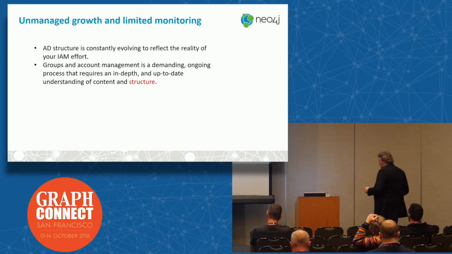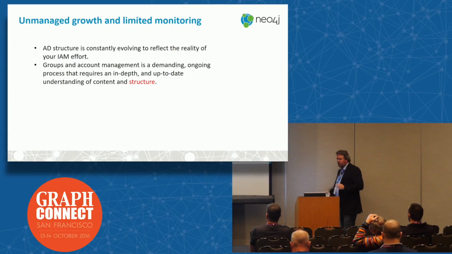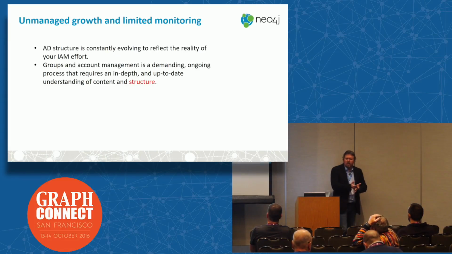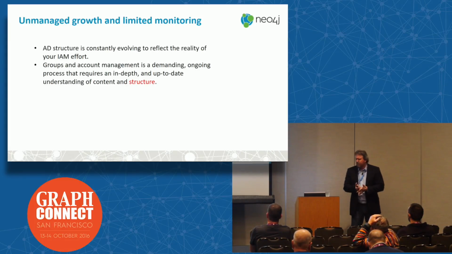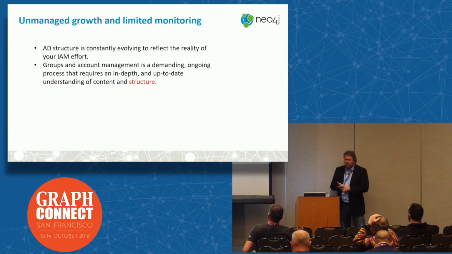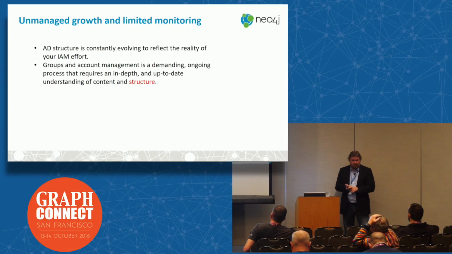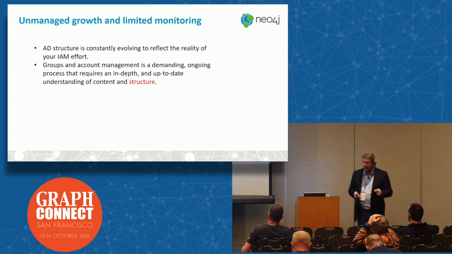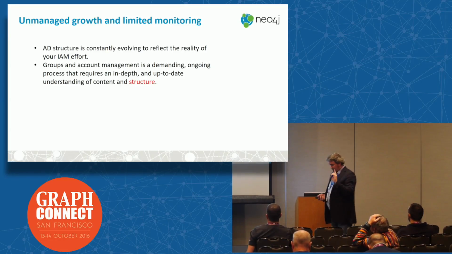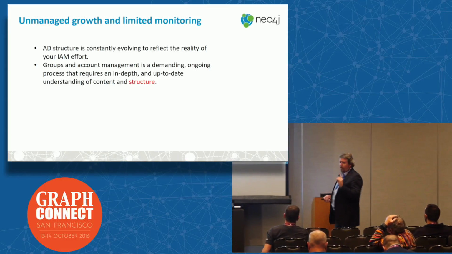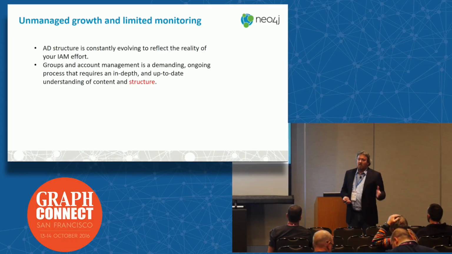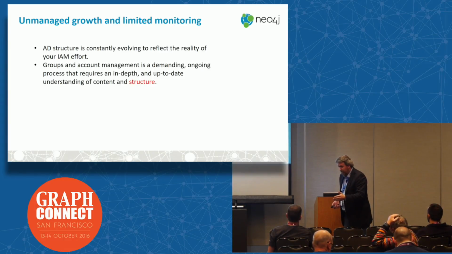And that is that Active Directory, the structure is constantly evolving to reflect the reality of your identity and access management effort. And the management of these groups and accounts is pretty demanding, okay? And the process for managing them effectively requires an up-to-date and in-depth understanding of not only the content of Active Directory, but the structure, okay?